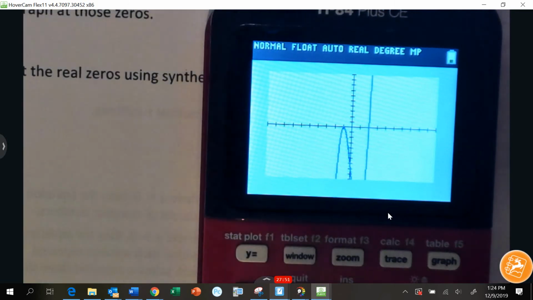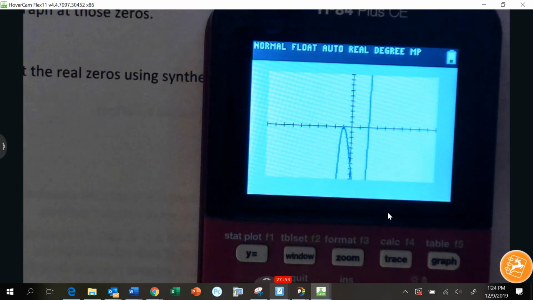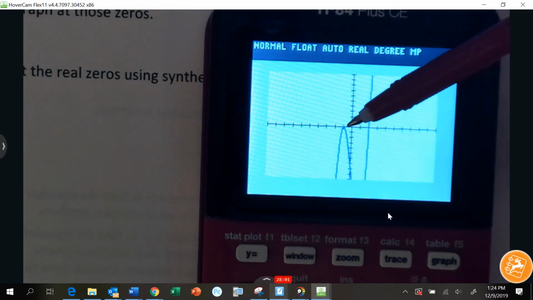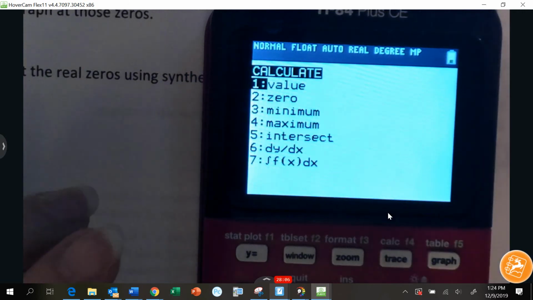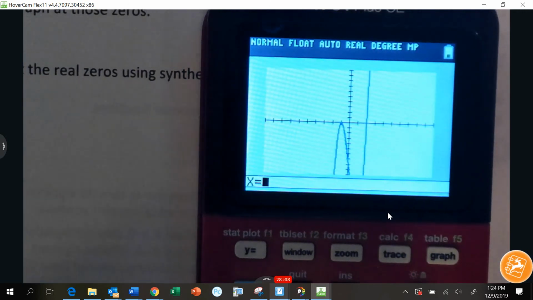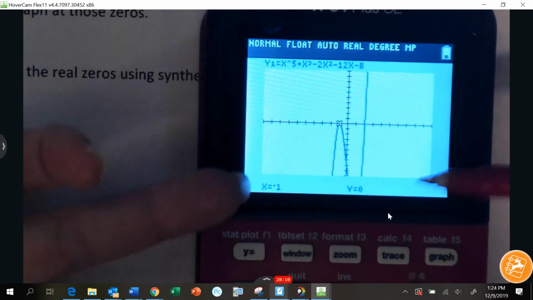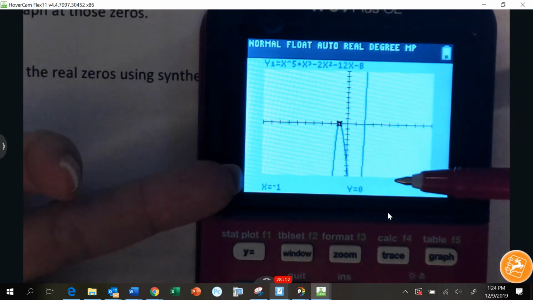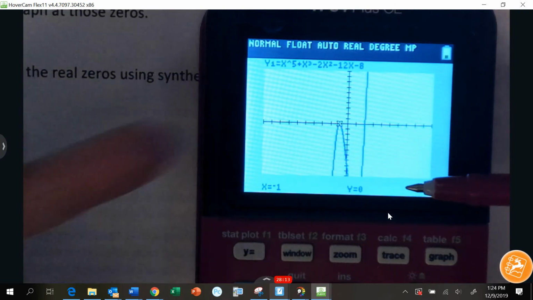Last class we talked about how the behavior at the x-intercept depends on the repetition of that x-intercept. So what do you think this x-intercept might be right here? Let's check. Second trace value, type in -1, and yes, that is a 0. That confirms it.